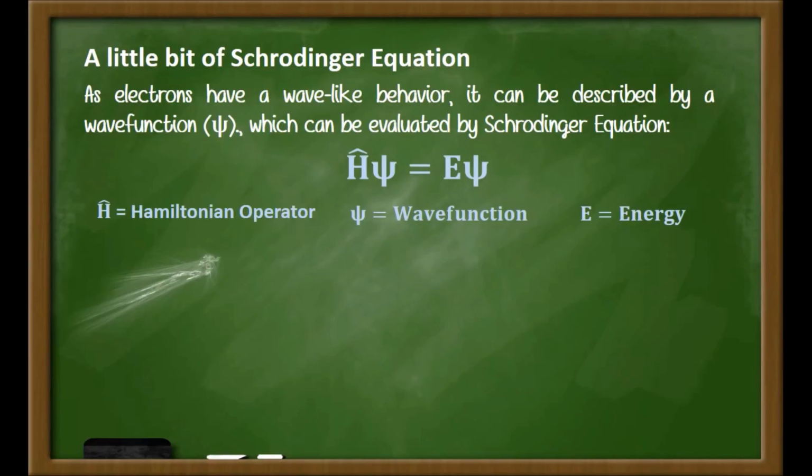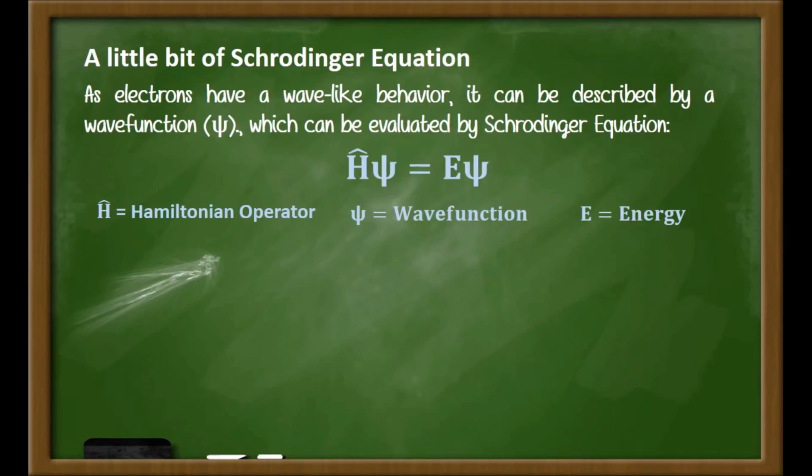It's basically H hat times psi equals E times psi. Let's see what each of these terms means. This capital H hat is what's called the Hamiltonian operator. The psi, as we have seen, is the wave function that describes the behavior of a certain electron, and E is the energy of the system.